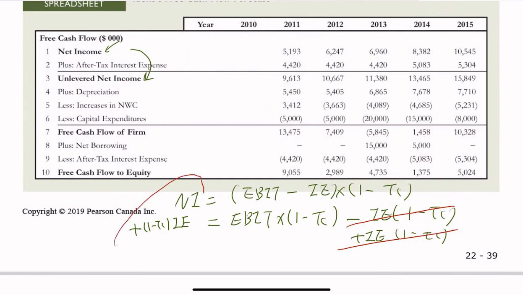So this leaves us with this. And EBIT times 1 minus corporate tax is exactly the definition of unlevered net income, right? So you can calculate unlevered net income as the sum of net income and after-tax interest expense.